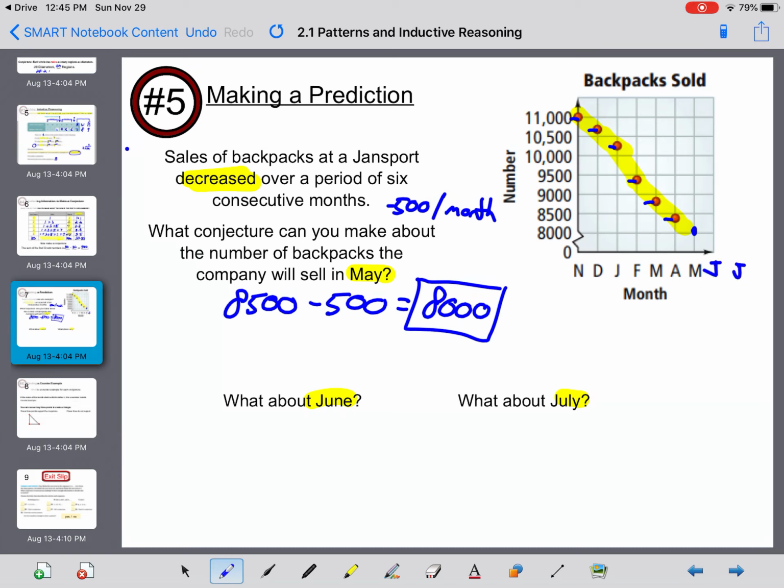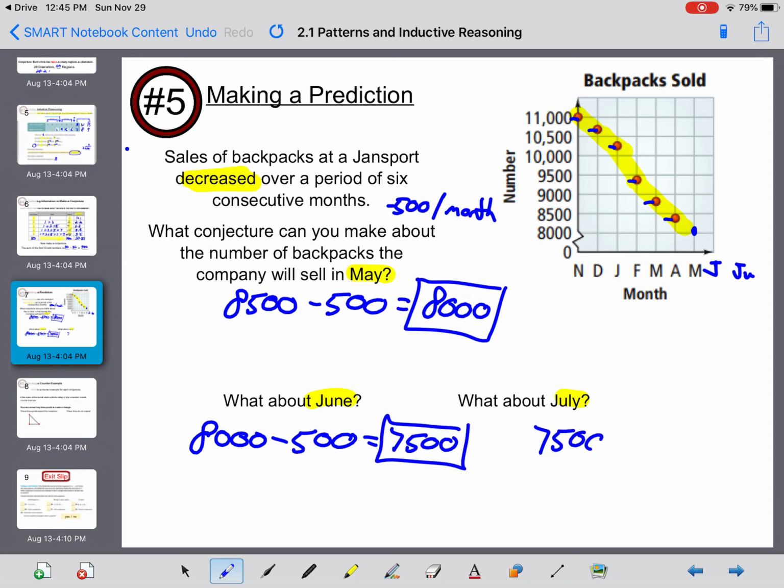And if there was June and July, we would go from 8,000 minus 500, which makes 7,500. And then from 7,500 minus 500, which would make 7,000. Okay, these are how we make predictions given information from a graph.